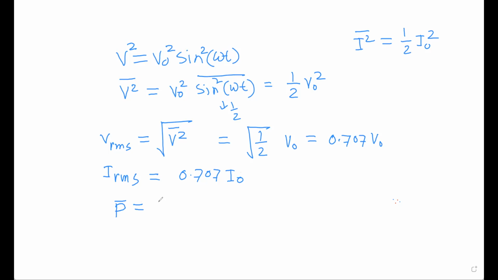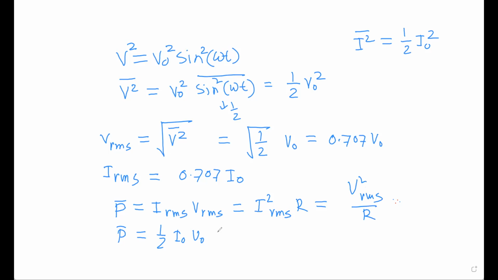So in terms of the RMS value, it will be IRMS VRMS, because one of the equations was half I0 V0. Similarly, we have I squared RMS R and V squared RMS over R.